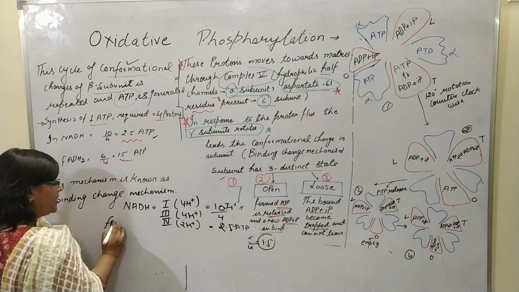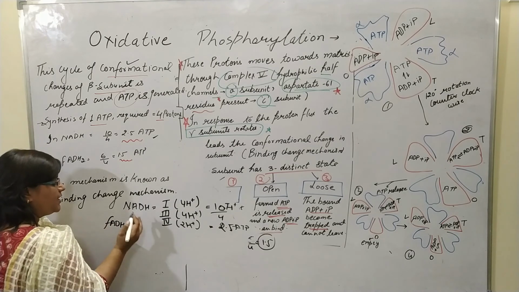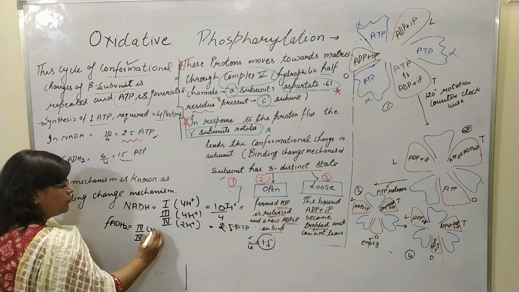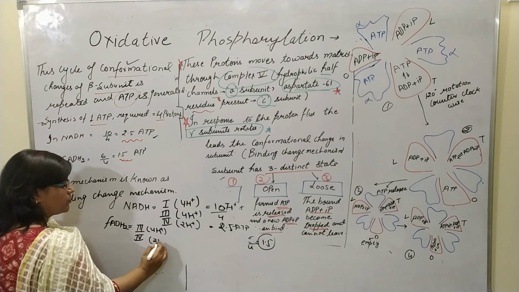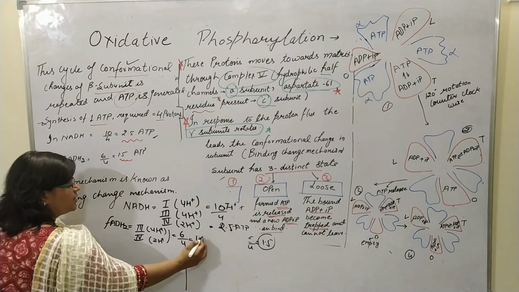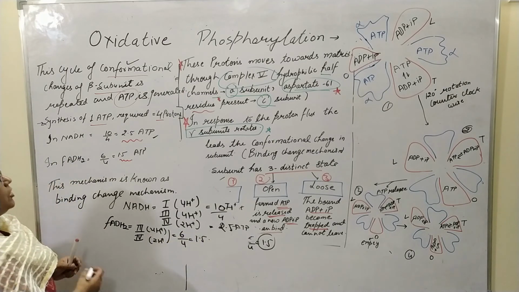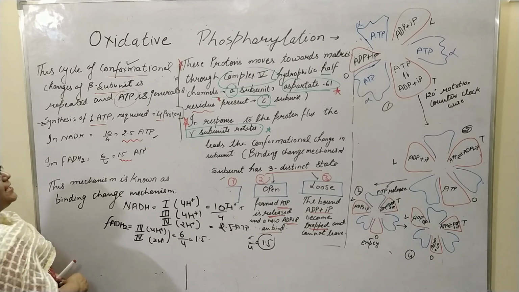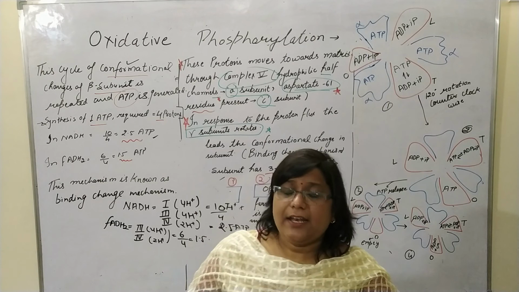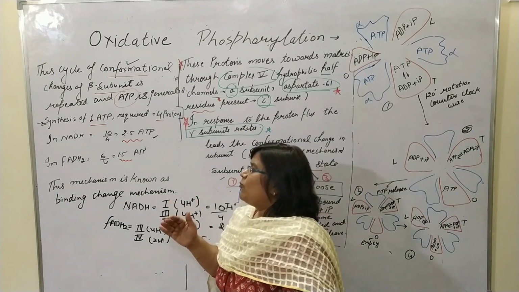Now come to the FADH2. As we have seen, for FADH2 complex 3 and complex 4 are involved, with 4 protons and 2 protons. So 6 protons divided by 4 gives 1.5 ATP. So like this, NADH gives 2.5 ATP, and FADH2 gives 1.5 ATP.